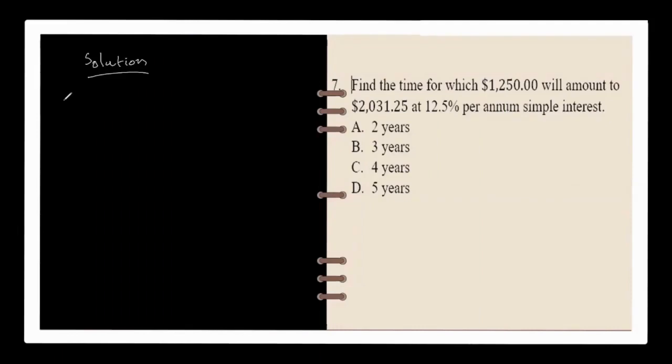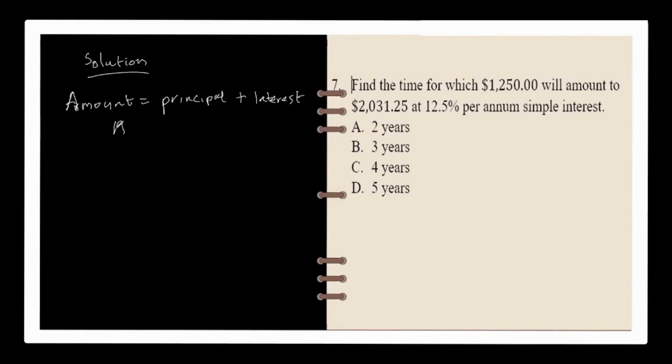Question number 7, we are asked to find the time for which $1,250 will amount to $2,031.25 at 12.5% per annum simple interest. Now, you need to know that amount, which is A, okay, let's write it out. Amount is principal plus interest.